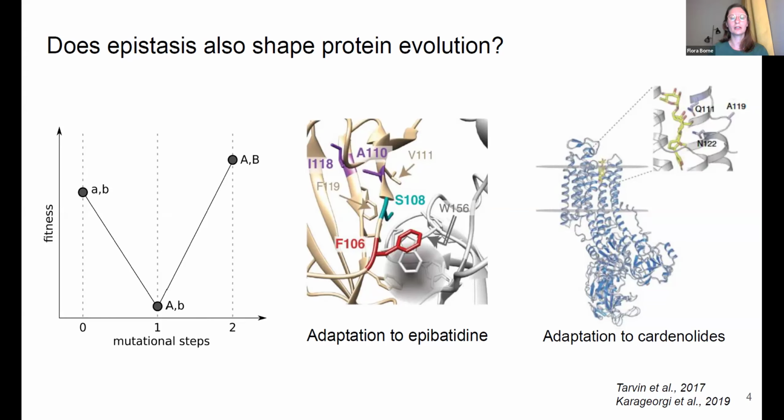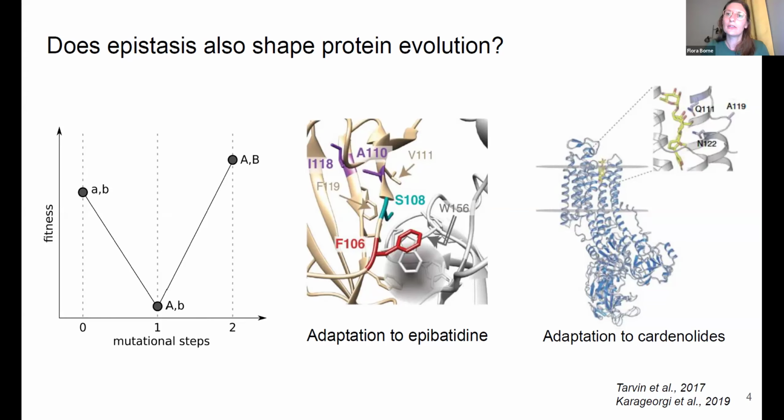In the poison frog, this toxin binds to the acetylcholine receptor, and the poison frog can resist this toxin by mutating this site 108. But usually you don't find this mutation alone, and you have other mutations nearby that are mutated at the same time. And this is because this mutation alone can confer some deleterious effect.